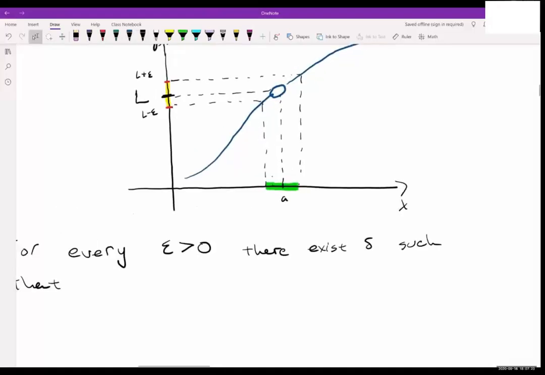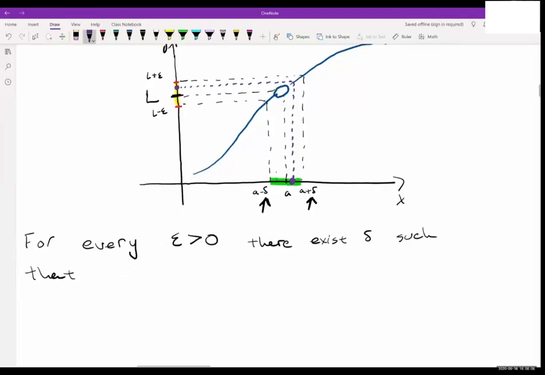Delta is also a little distance, but in this case, it's horizontal here on the x-axis, a little bit above A and a little bit below A. As I pick a smaller epsilon, we end up with a smaller yellow region, which gives us a smaller green region. But for each epsilon, we can find an appropriate delta so that any point I pick in the green region is going to translate to a y value in the yellow region.